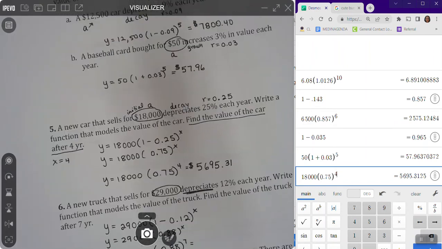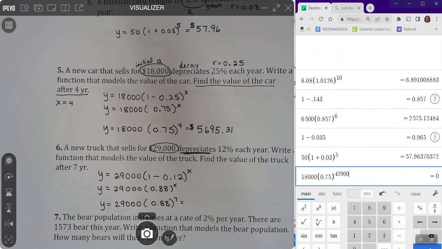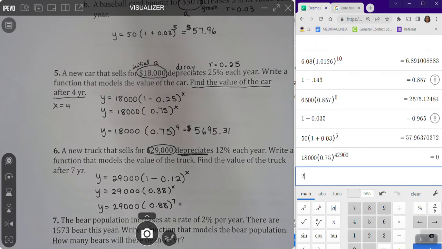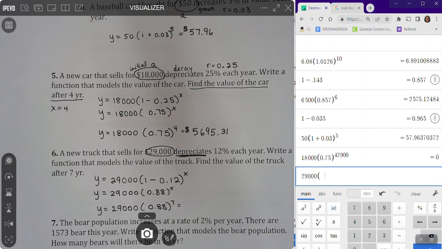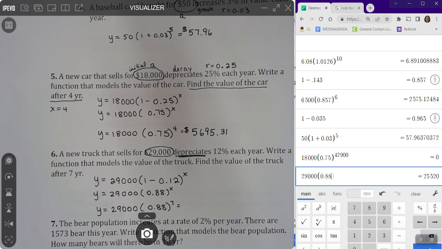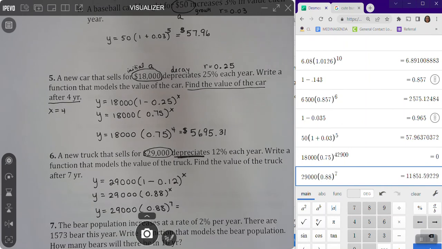Find the value of the truck after 7 years. Stop moving, stop moving. Oops, sorry. 29,000 times 0.88 raised to the 7.